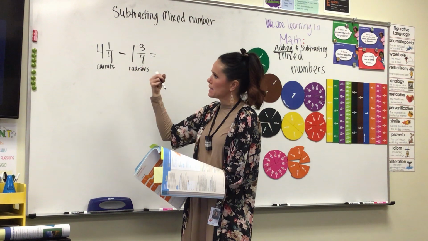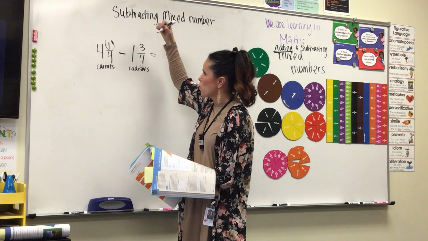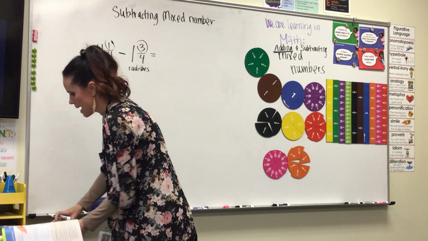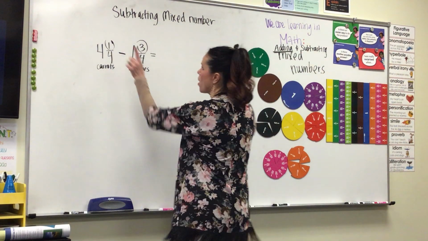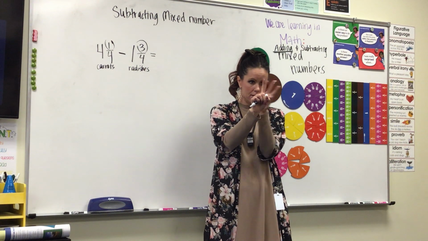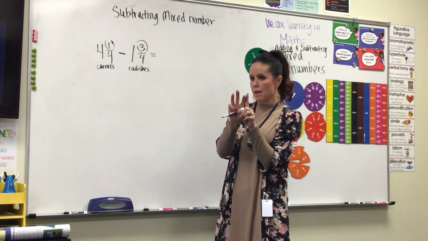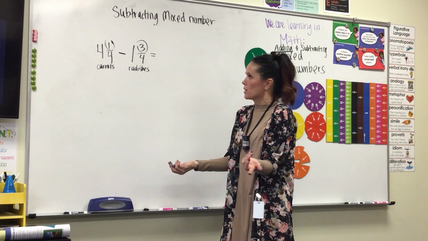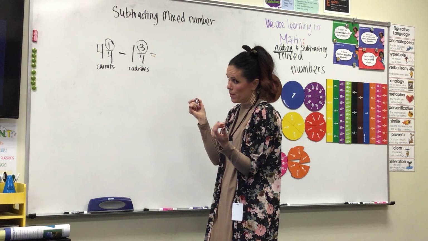But the problem is, I have this 1 and a 3 right here, and it is not okay to have 1 carrot and try and take away 3 out of it. That's impossible. It's like 1 M&M, and I'm going to go get 3 M&Ms from you, and you're like, I only have 1. I don't know what to do. So we have to regroup.